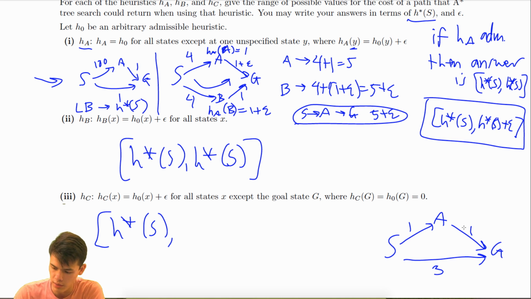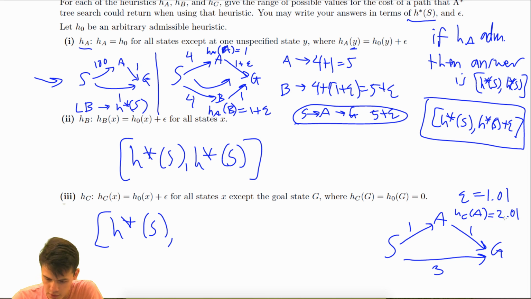Now, let's say epsilon equals 1.01, so just a tiny bit bigger than 1. So let's say H sub C at this node A is going to be 2.01. Let's say H0 is 1 there, so add 1.01, you're going to get 2.01.